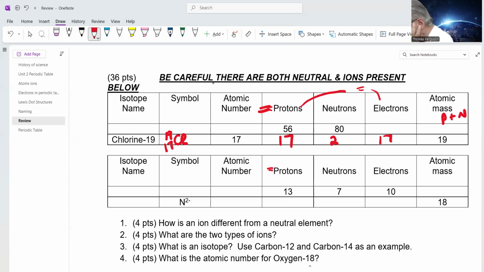Let's look at this one here. We have atomic number 56. It's neutral, so that means there are 56 electrons.